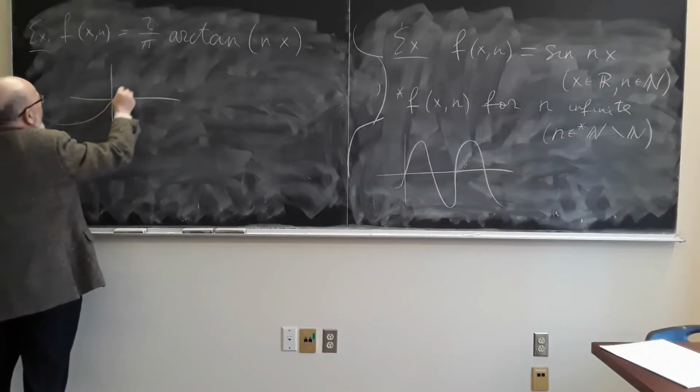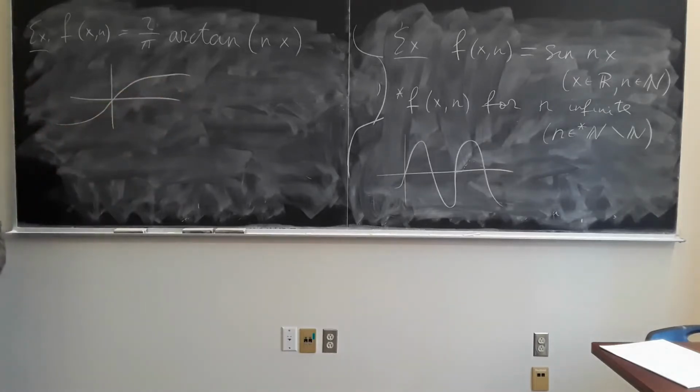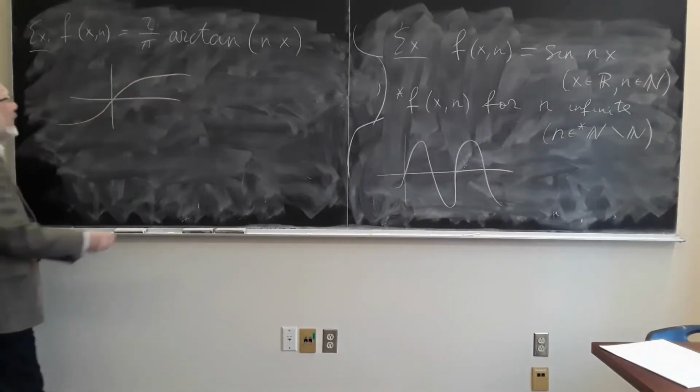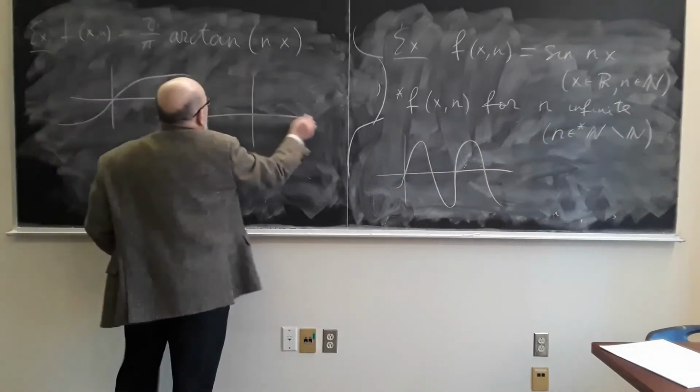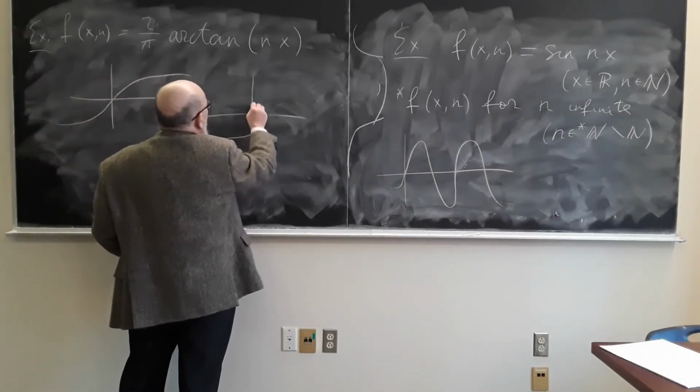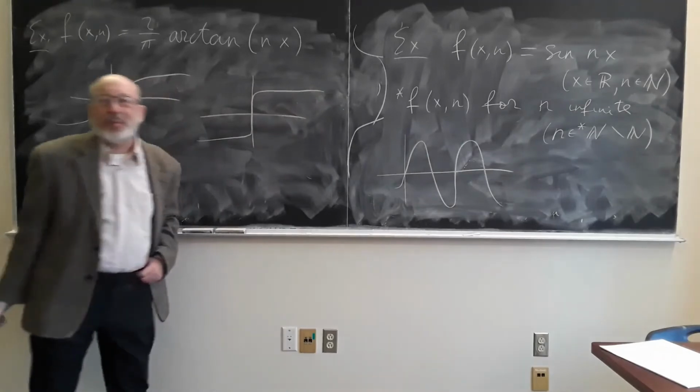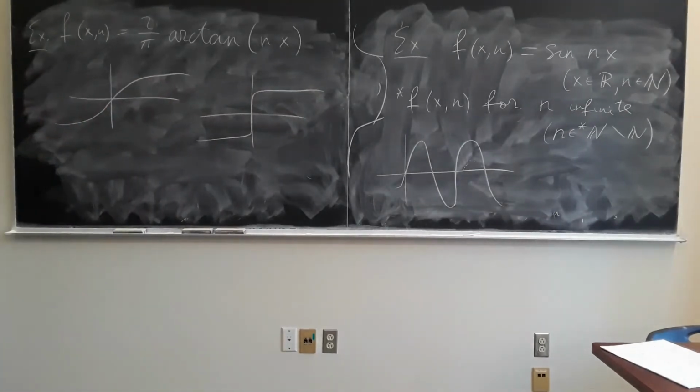So it is a function like this, but when n goes to infinity, it becomes steeper. It is something like this. And we are again interested in the case when n is infinite. What is it then?